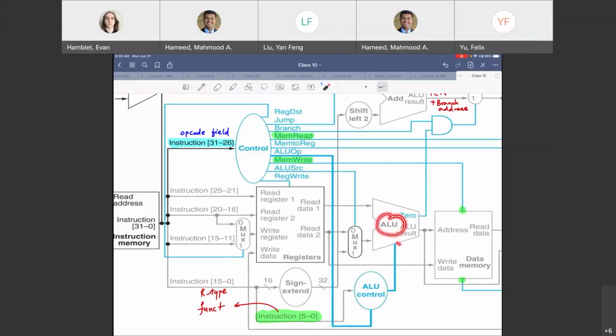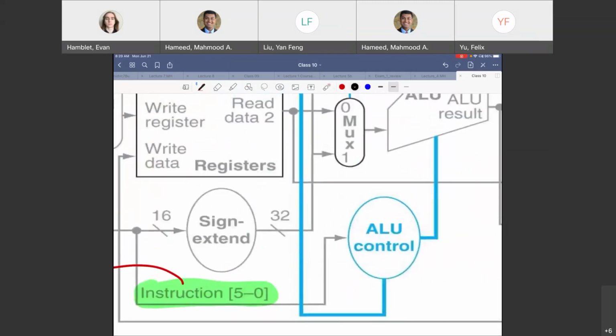So the ALU will get a 4-bit output depending on this being 6 bits, this being 2 bits, this being 4 bits. And the question is, we need to design this, right? We need to design a logical control block that will take in 6 bits and 2 bits as inputs and generate a 4-bit output.